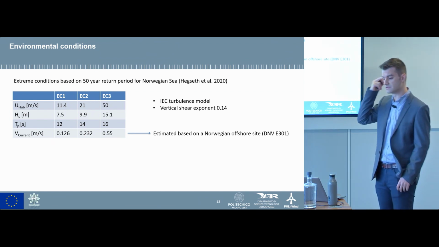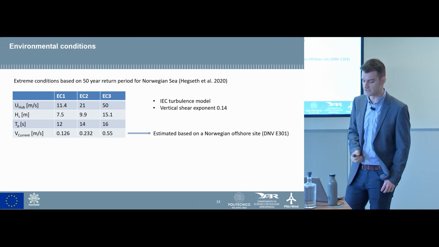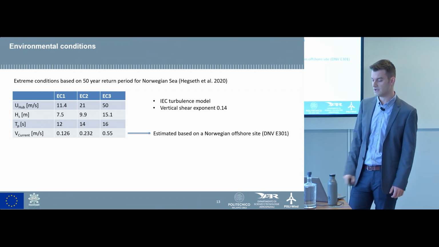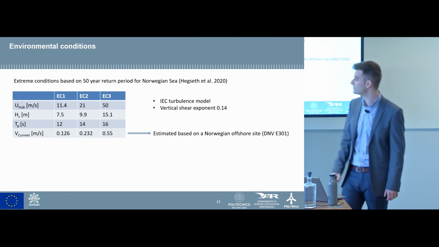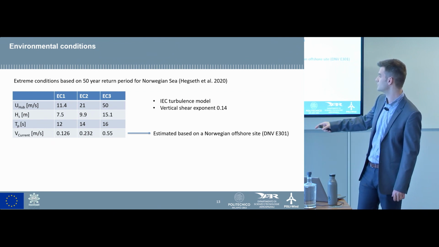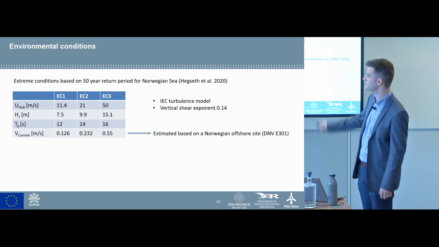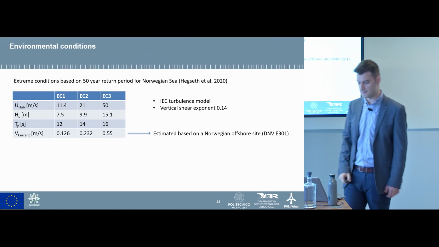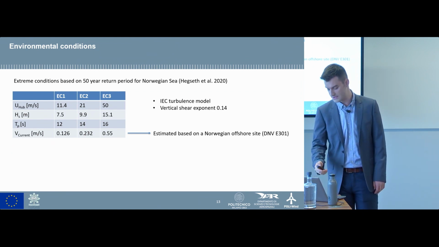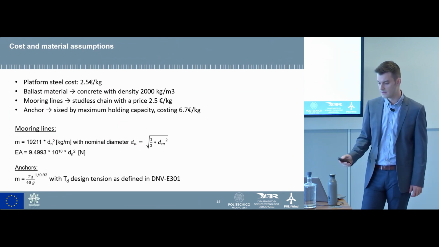The turbulence is defined with a standard IEC turbulence model, and we have employed a vertical shear with an exponent of 0.14. The current speed is also estimated by using an equation from the DNV standards, which is given for an offshore site, again in the Norwegian Sea.